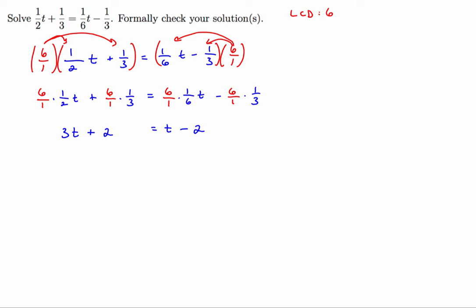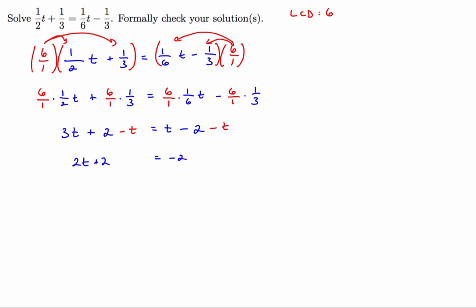To finish solving the equation 3t plus 2 equals t minus 2, I will again isolate the variable terms by moving the variable to the left side of the equation. Since there is a 1t on the right side, I will subtract t from both sides. And simplifying, 3t plus 2 minus t on the left side leaves me with 2t plus 2. On the right side, t minus 2 minus t leaves me with a negative 2.